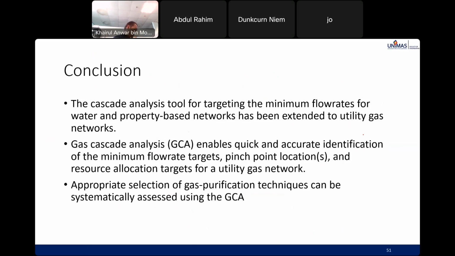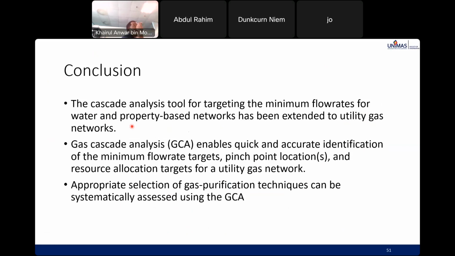So, so far, we have done the cascade analysis tool for targeting the minimum flow rate for water and property-based networks, and it has been extended to utility gas networks. For this, you learned how to use cascade analysis for water networks. This is an example for gas.